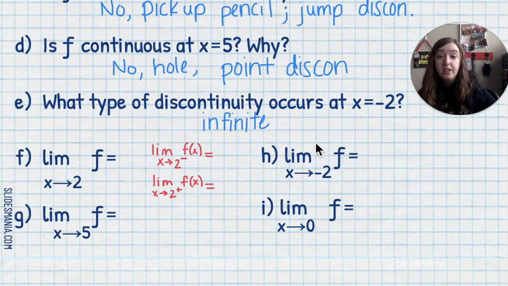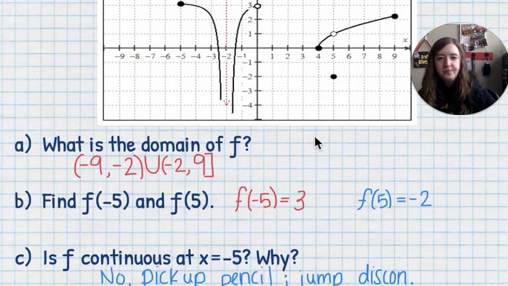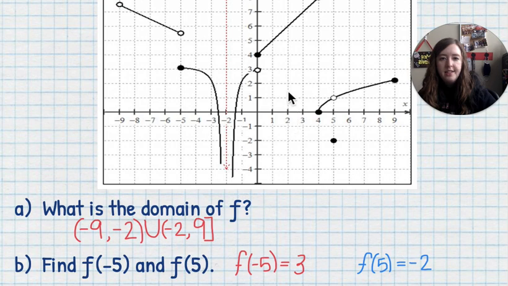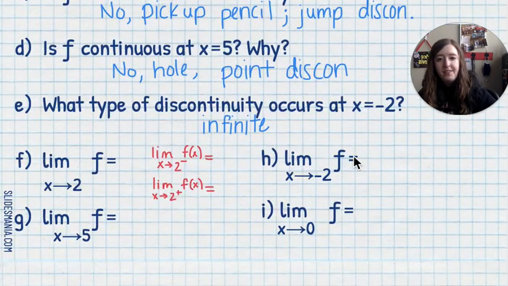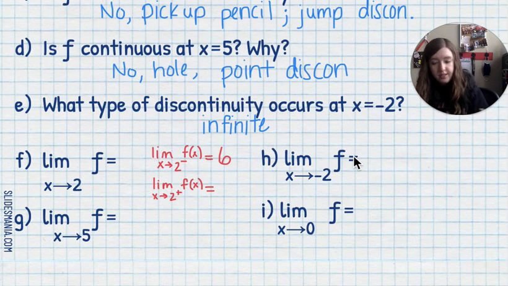So let's go and look at 2. x equals 2 is right here. When we're coming from the left, we're getting closer and closer and closer to 6. So my left-handed limit here is equal to 6.